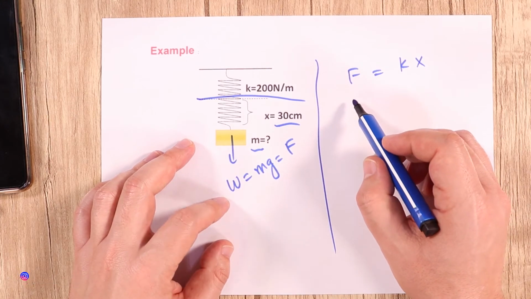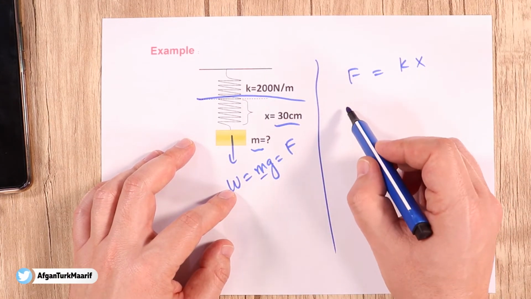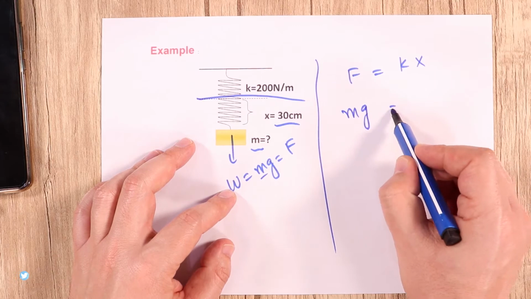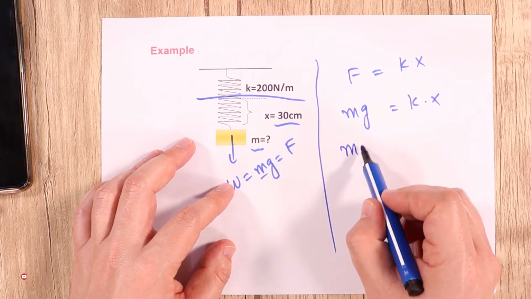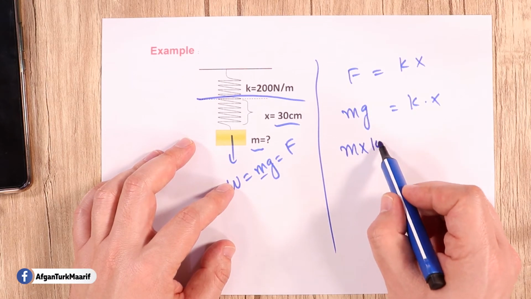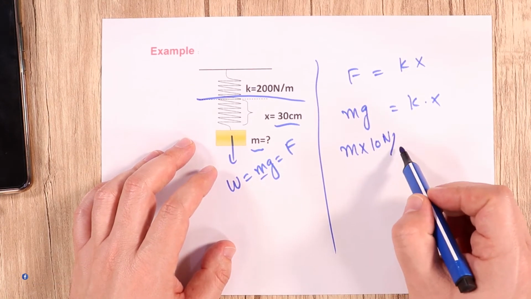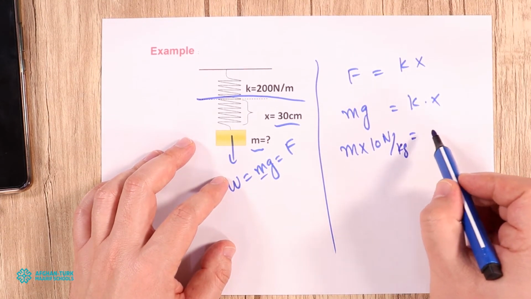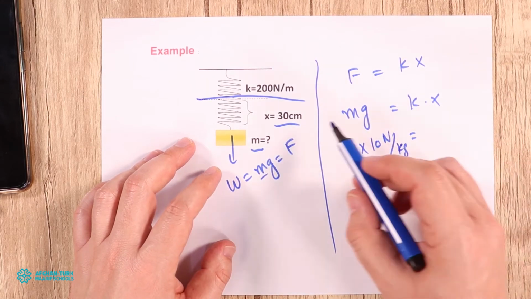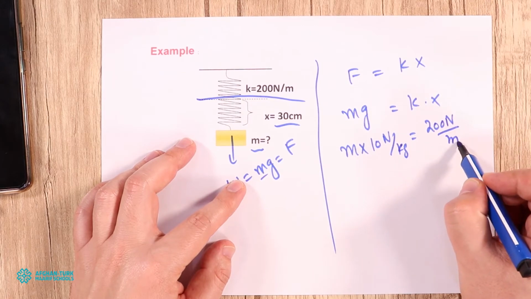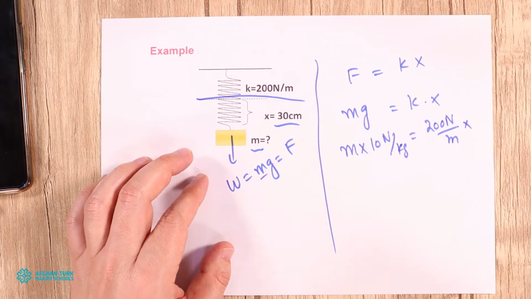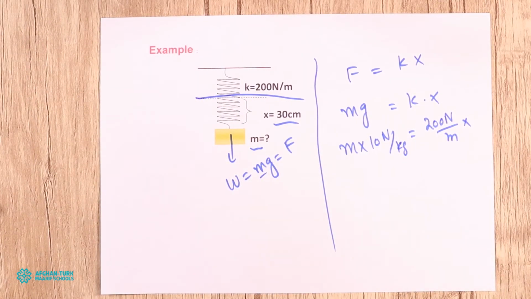So I can write mg instead of force, equal to k times x. Putting in the values, m multiplied by g, where g is 10 Newton per kilogram, is equal to k, which is 200 Newton divided by meter, multiplied by 30 centimeters.